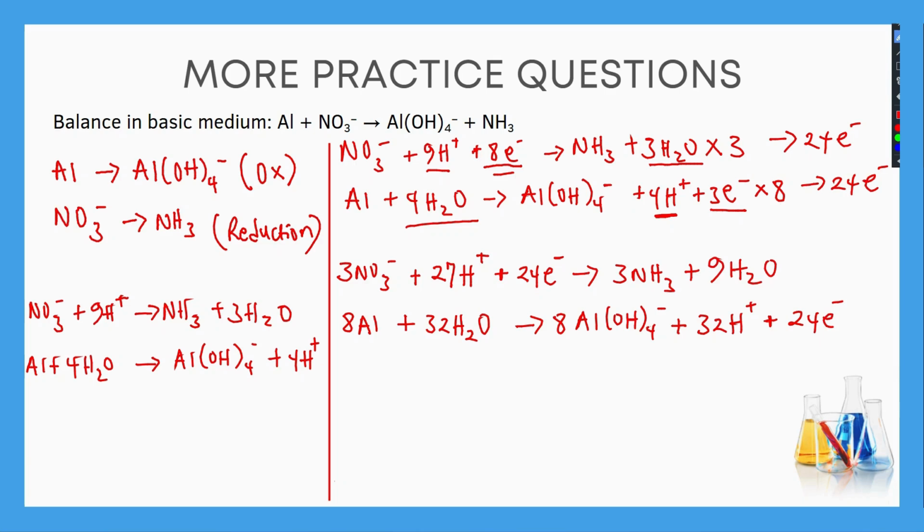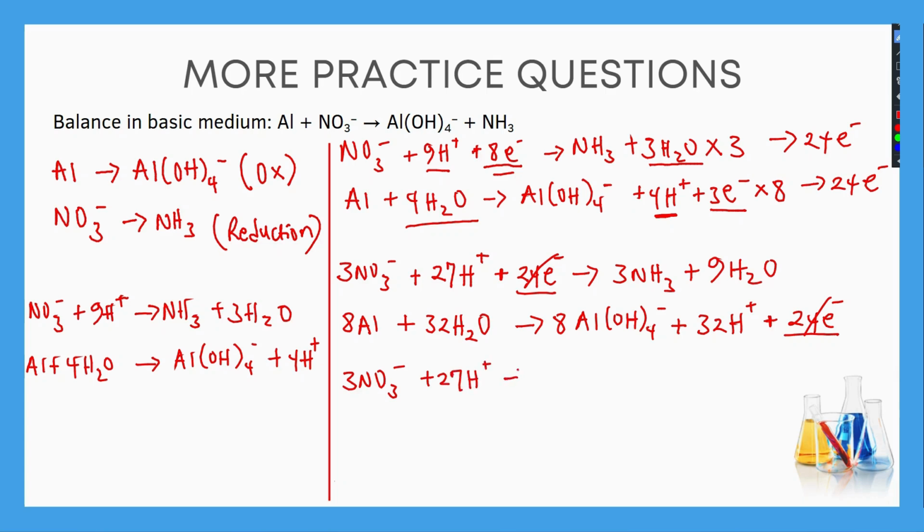Now that we have the same number of electrons in both equations, they can cancel out. So this one can cancel this one. Both of them go.